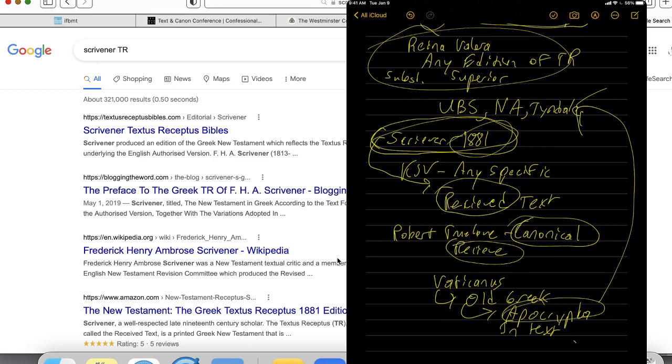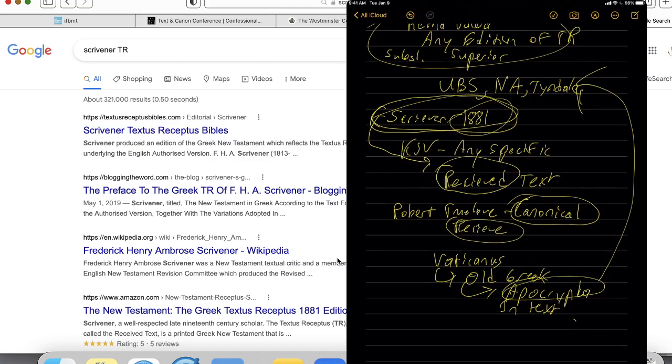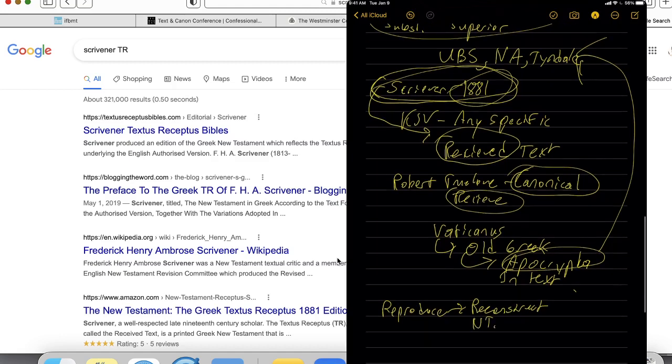And one of the issues with the modern critical textual method, which today's scholars are using to try to reproduce or reconstruct the New Testament, is that it's a very empiricist point of view. It's very naturalistic, very humanistic.